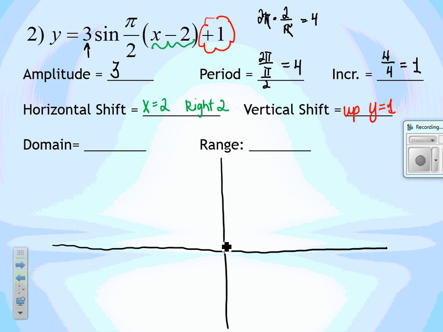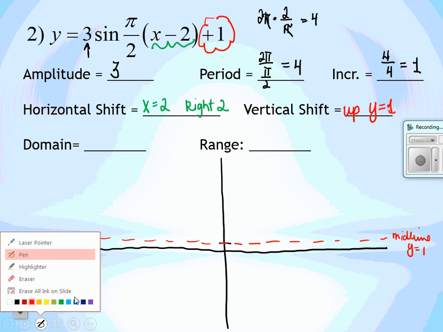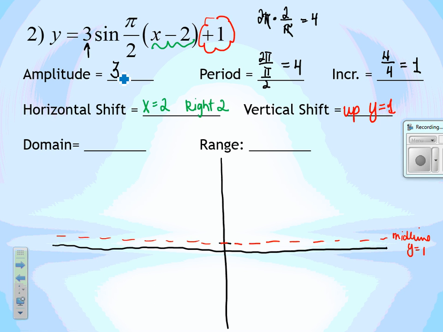I'm going to need to start by going up 1. That's my vertical shift. I'm going to do that in red. That's my midline. Okay, then I'm going to do my amplitude in blue. And I have to go up 3.